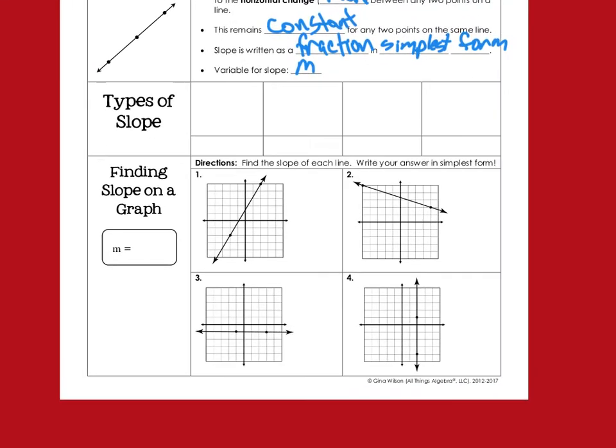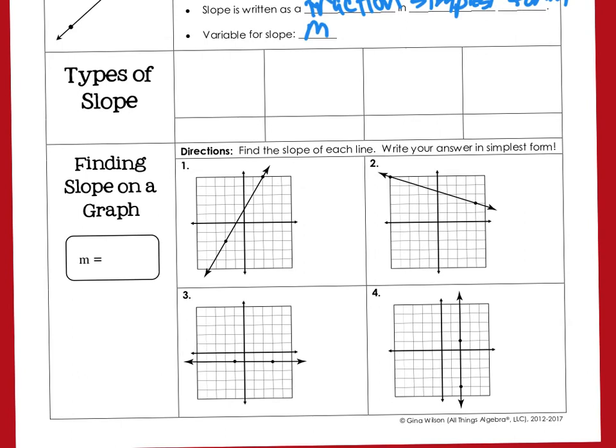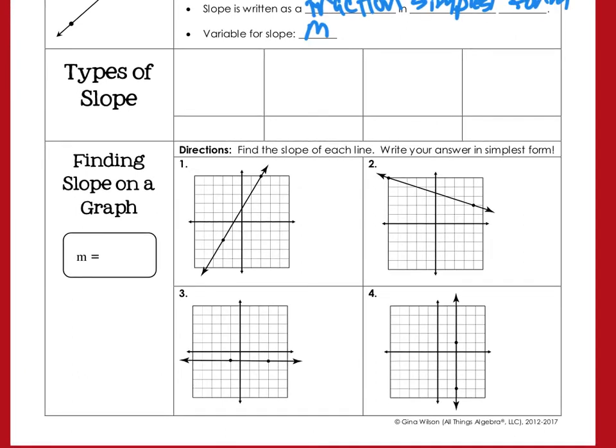Really, we're going to be looking at how to find this. And I'm going to see if I can't increase the size, because I'm figuring out as I go just how kind of awkward this is. Now, it's important for us to know that there are 4 types of slope. There's a slope that goes like this.